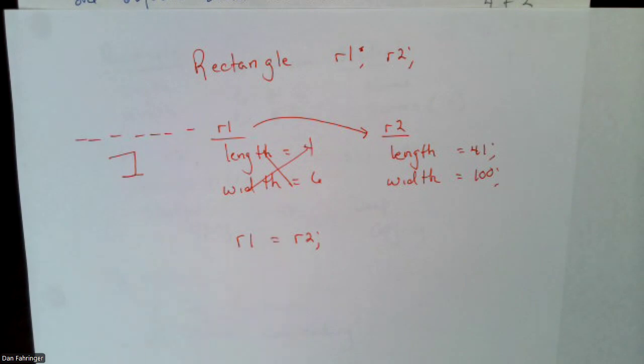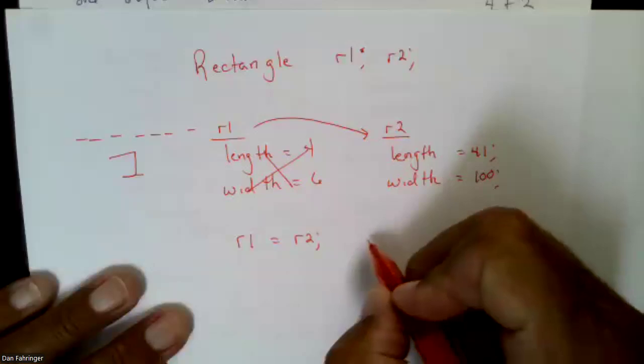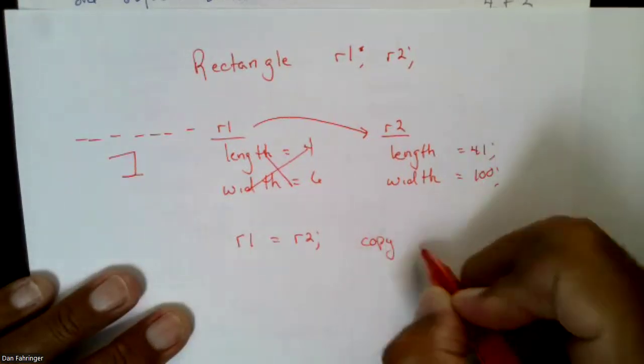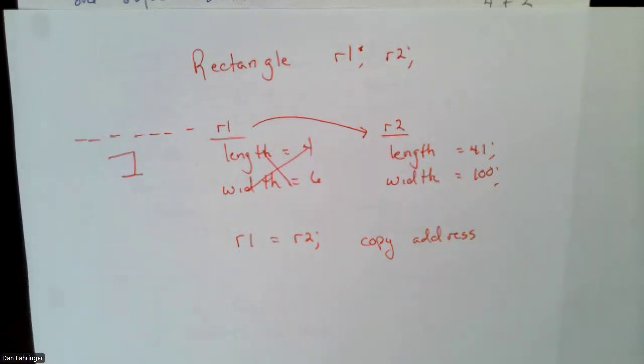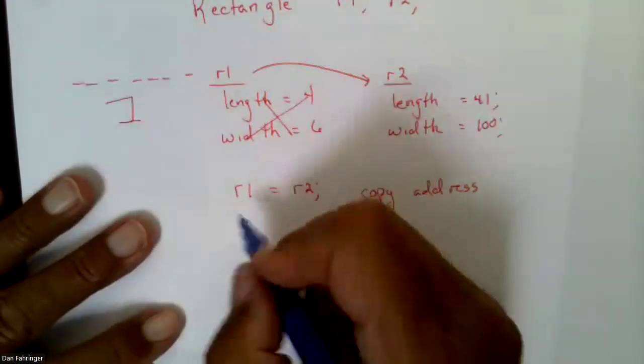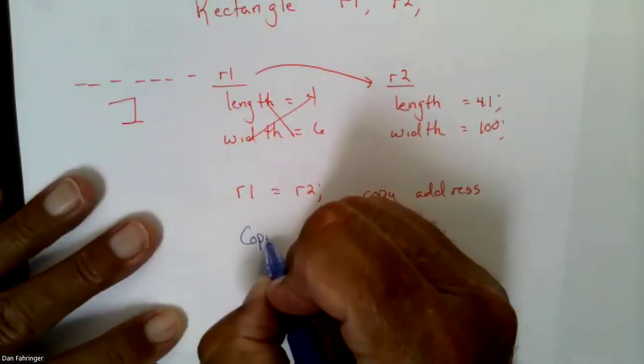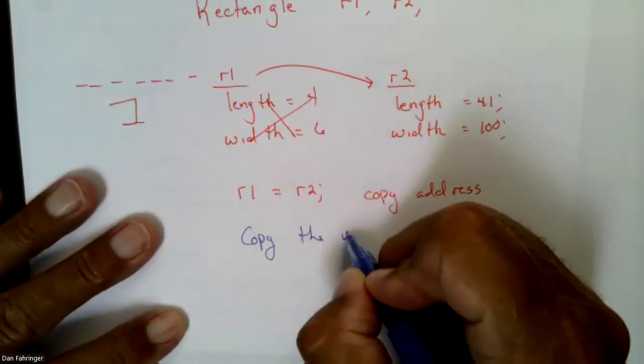So this is legal. Is this really what we want to do? Well, no, maybe. It might be. I may want to copy the address. Chances are that's not what I intended. What I intended was probably to copy the values.